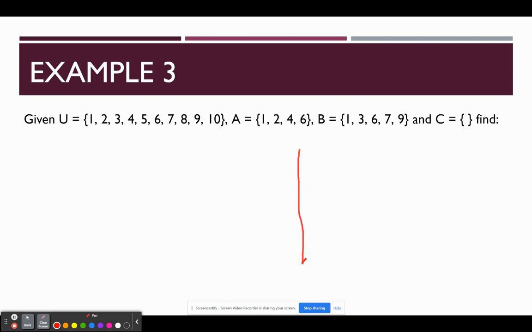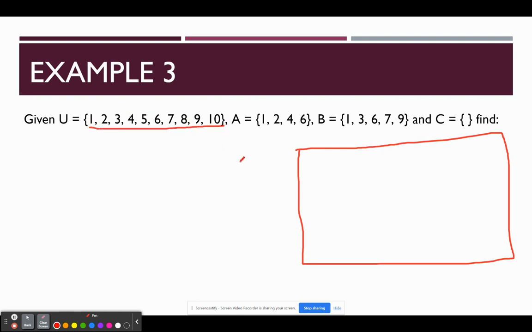And this is where I strongly recommend that you do the sketching part just to help you out with this. So that means our numbers 1 through 10 are what we're looking at. And we've got A, which is these numbers, and B, we have a little blue for B, which is these numbers.